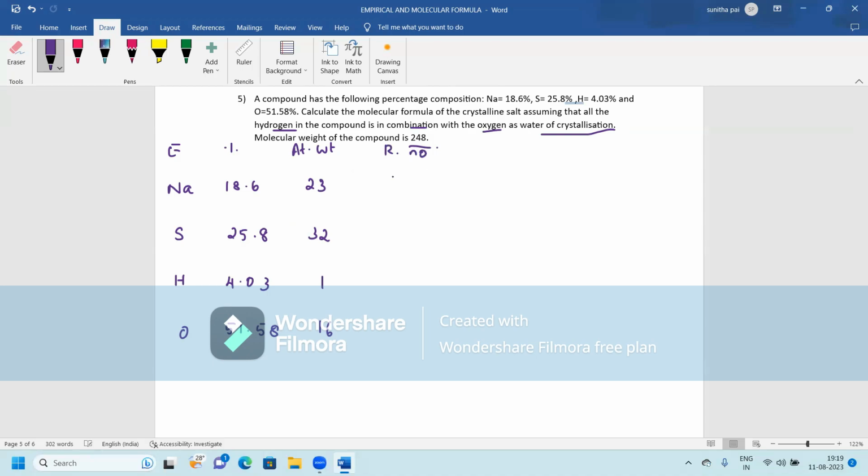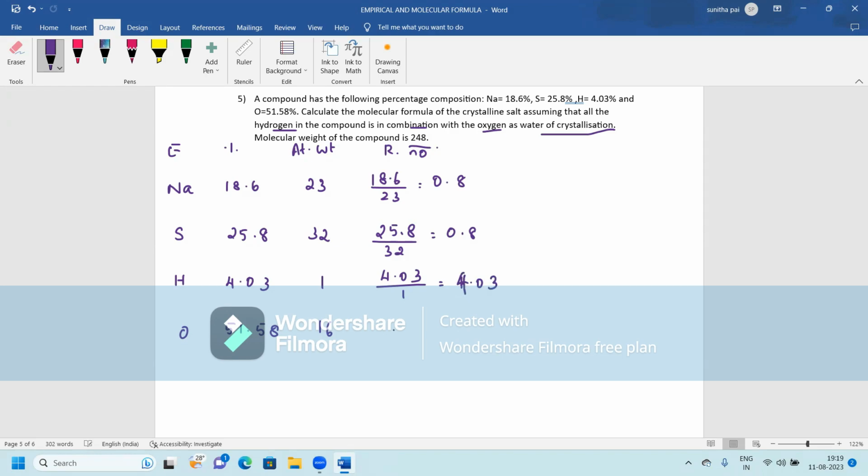Relative number: 18.6 by 23, which is equal to 0.8. Second one, 25.8 by 32, which is again 0.8. 4.03 by 1 is 4.03 itself.